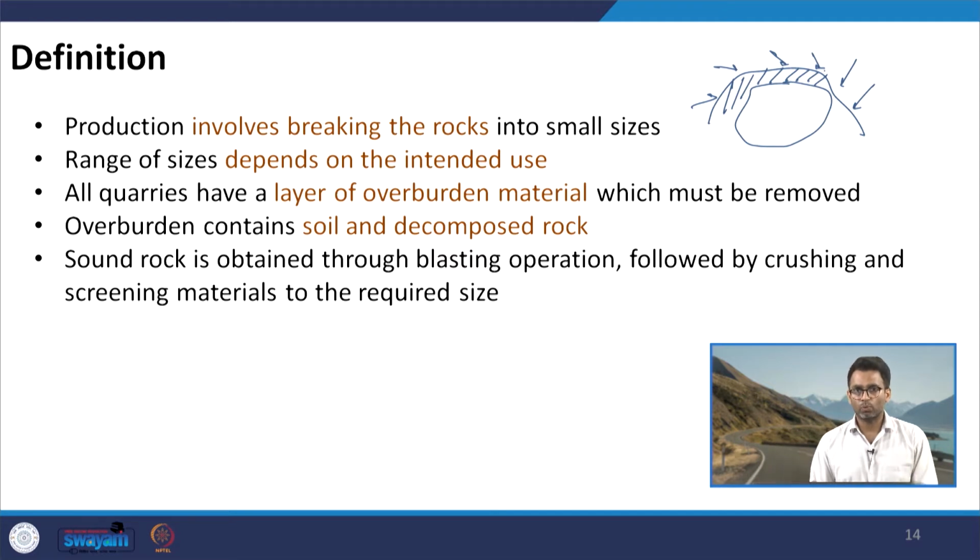Once we have obtained the core rock, we crush the material to the required size, and after crushing we screen the materials so that we can store them in different sizes. This process is called fractionating the aggregate particles.